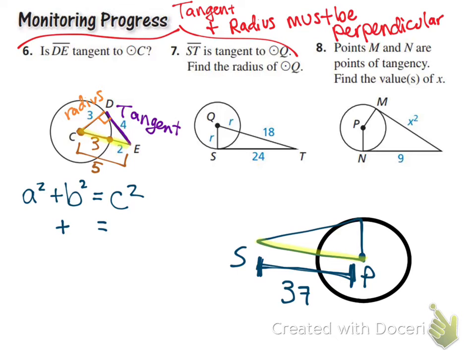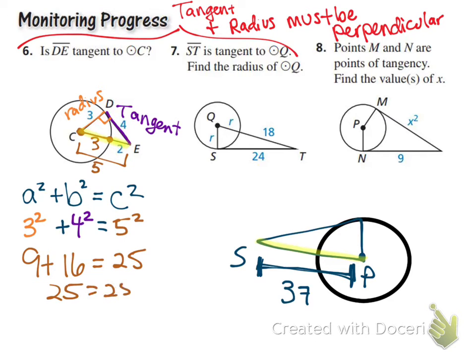So which of these numbers will be A and B? 3 and 4, which means 5 will be C. I told you all a long time ago, what is the most common Pythagorean triple? 3, 4, 5. So this is definitely going to work because 3 squared is 9, 4 squared is 16, 5 squared is 25. Does 9 plus 16 equal 25? It does. So yes, this is tangent.